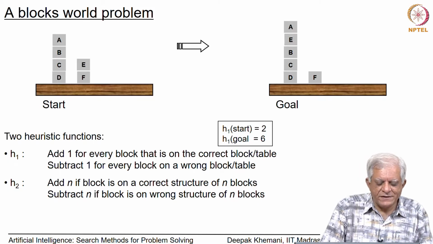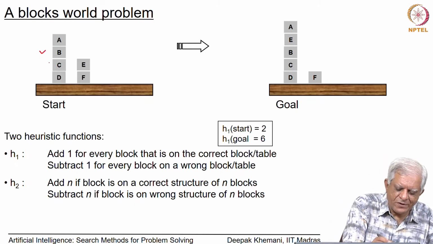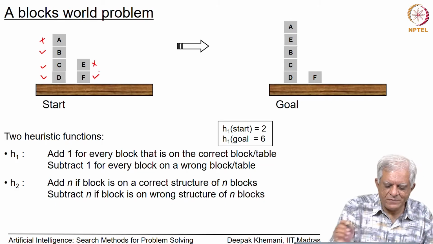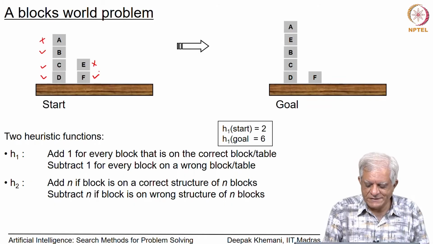In the start state, you can see that B is on the correct block, C is on the correct block, D is on the correct block, but A is on the wrong block and E is on the wrong block and F is on the correct block essentially. So, eventually it comes down to a value of 2 essentially.